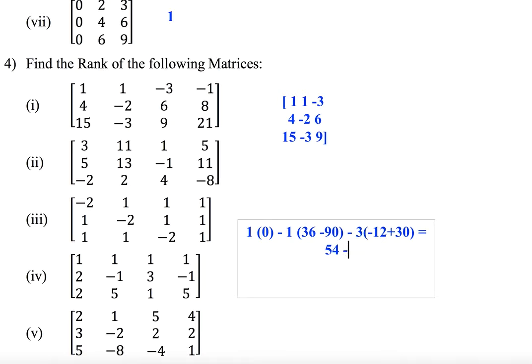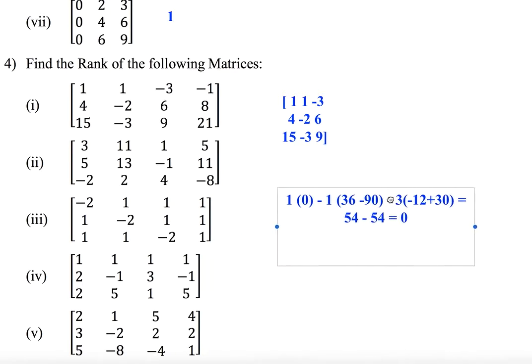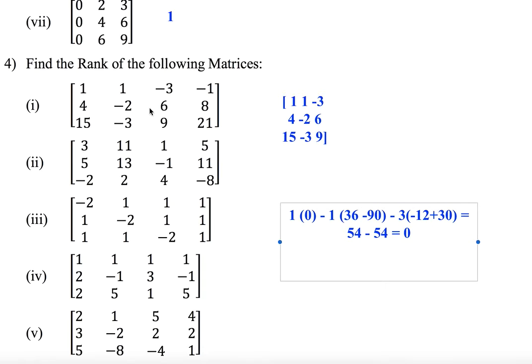What is 18 into 3? 54. So 0. So whatever matrix we took, the determinant is going to be 0.